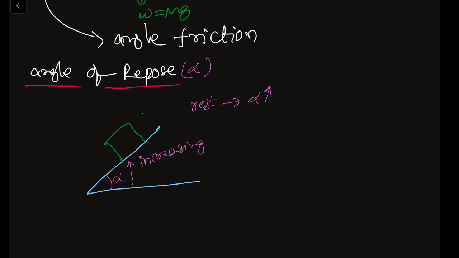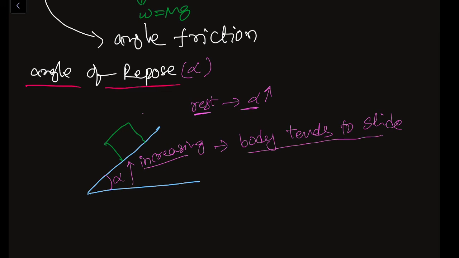What happens? The body tends to move, the body tends to slide. Initially the body on the inclined plane is at rest. If we increase the alpha value, the body tends to slide. At that condition, the angle alpha is called the angle of repose.